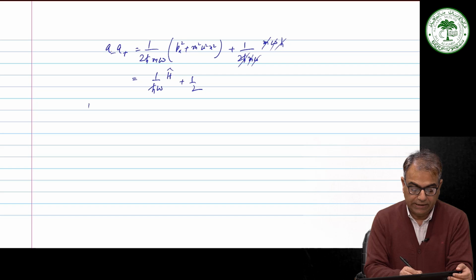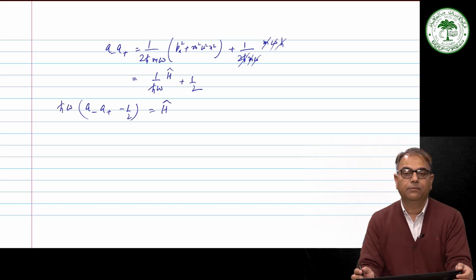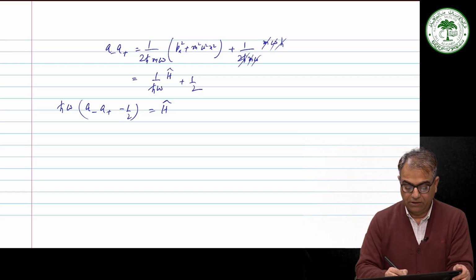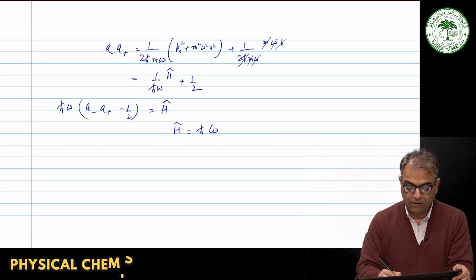So, this you can write as a minus a plus minus 1 by 2 multiplied by h cross omega, and this is equal to Hamiltonian. Okay. So, the Hamiltonian of the Schrodinger wave equation in terms of the operator a minus and a plus becomes equal to h cross omega a minus a plus minus 1 by 2.